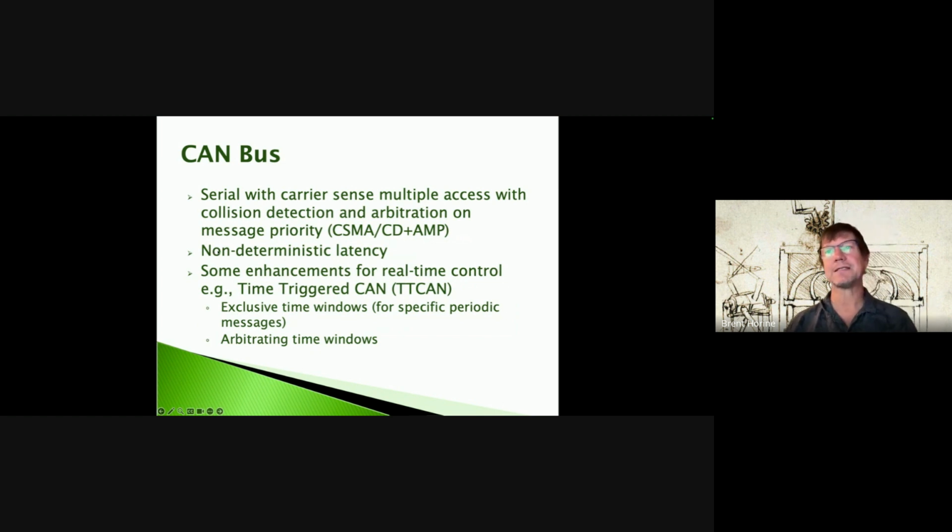It has non-deterministic latency in its basic form, meaning that since there are possibly many different sensors on a car publishing data onto this CAN bus, and different actuators pulling stuff off the CAN bus, you might have situations where you have to contest to arbitrate who gets control of the bus at any given time.